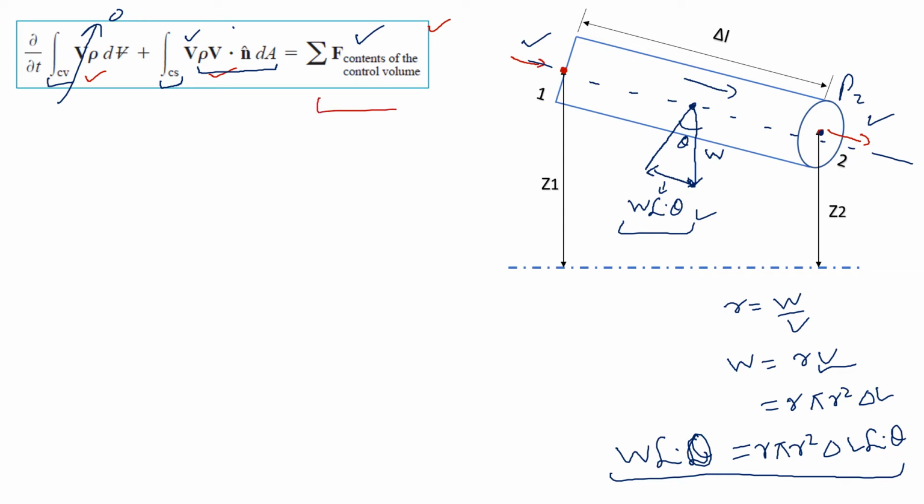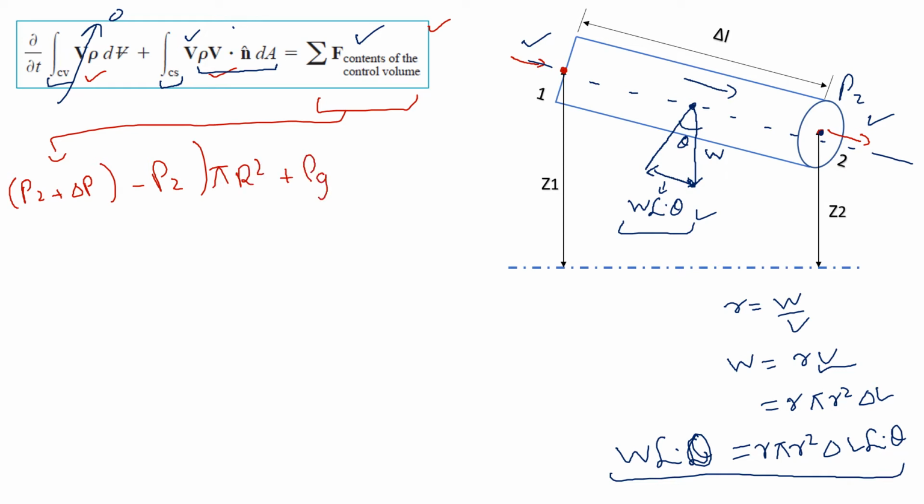On the left hand side we will write the summation of all forces at section 1, that is P2 plus delta P minus P2, times pi r square, plus rho g pi r square delta L sin theta.